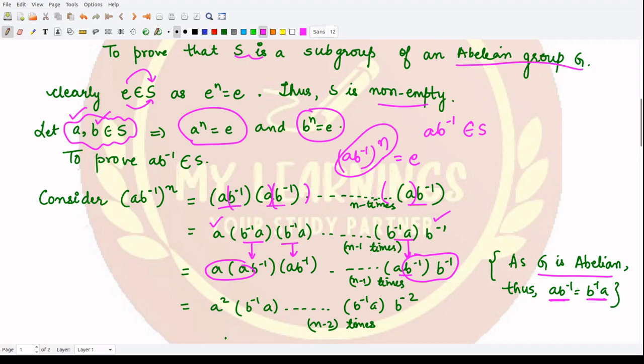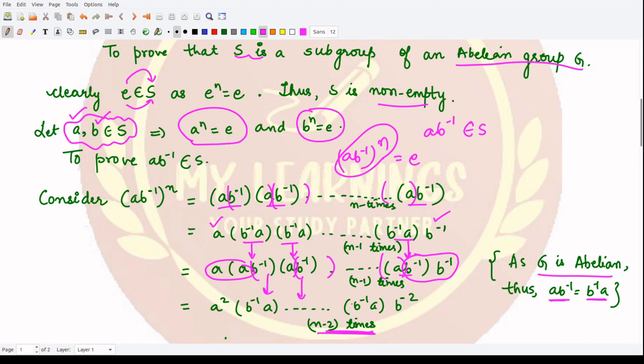Now you can again make use of the associative property to shift the bracket, so that you have A squared at the start, B raised to power minus 2 at the end, and you are left with B inverse A, B inverse A, n minus 2 times.